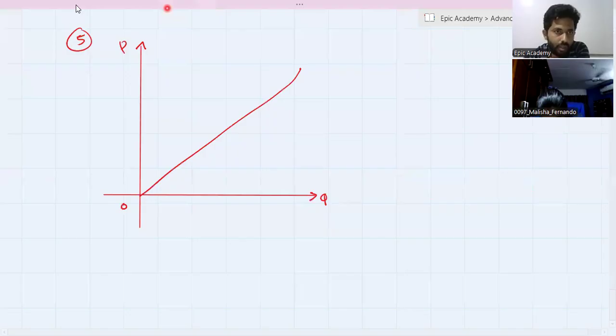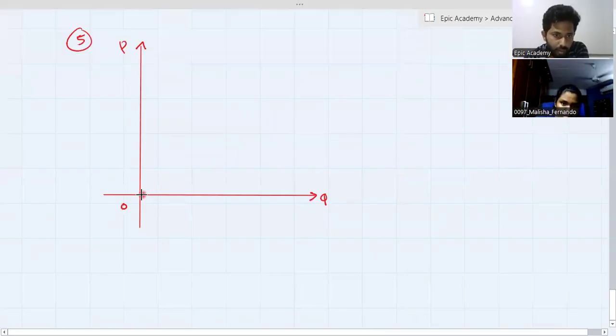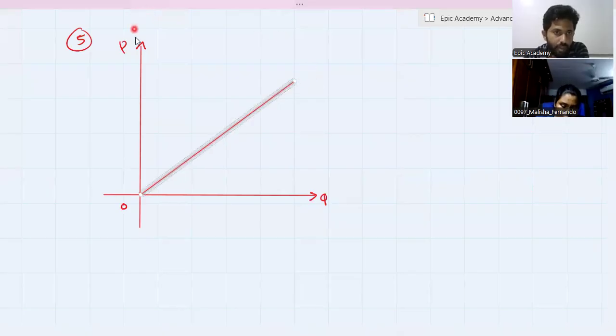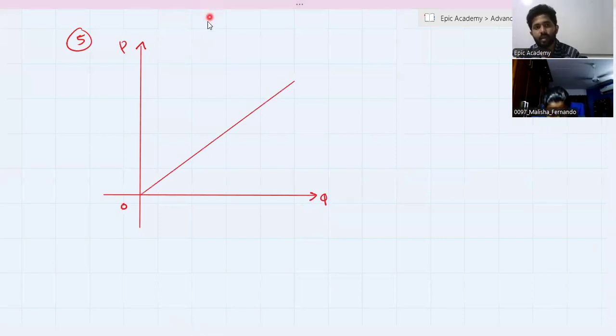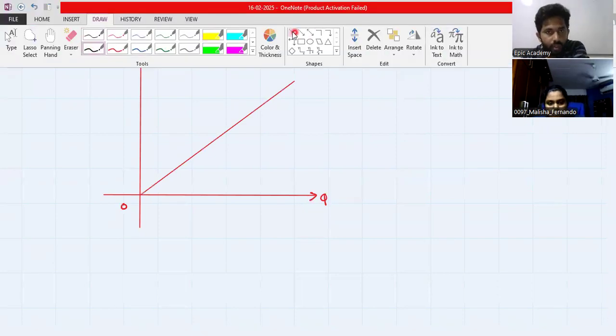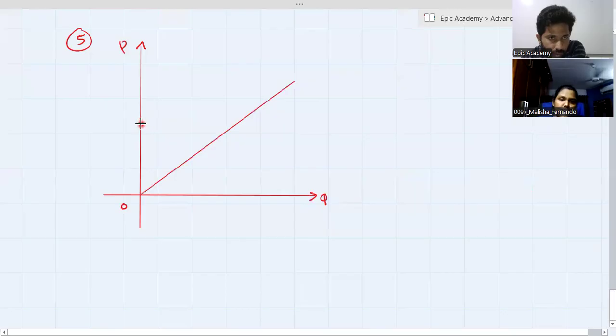The demand curve behaves as a line parallel to the horizontal axis.